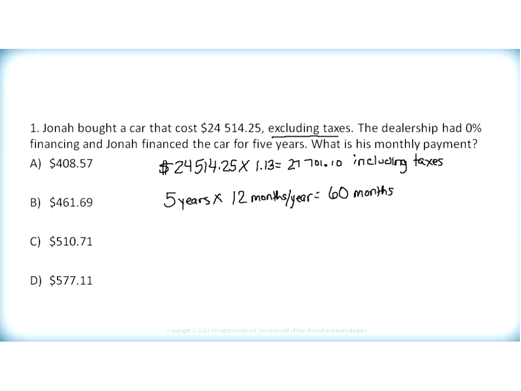So to determine how much he's going to pay per month, we have to take the full purchase price. So we'll say monthly payment is equal to the purchase price, which we don't have to worry about any interest being charged, divided by the number of payments.